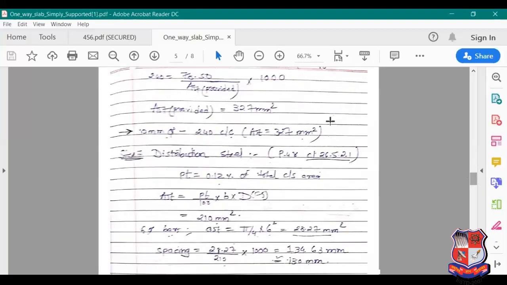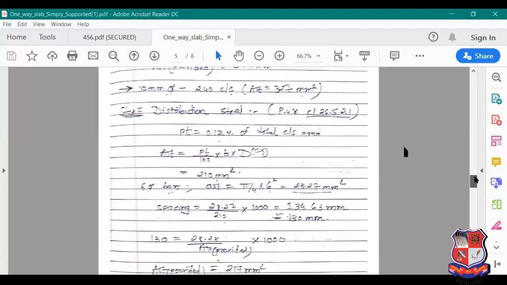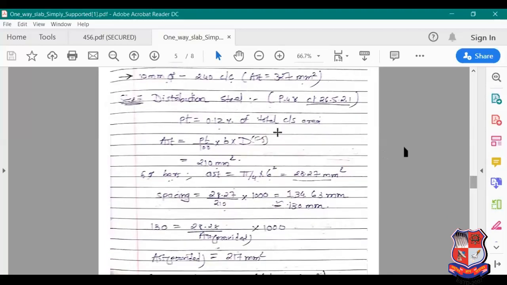So area provided is 327. Basically I'm using 10 mm diameter bars at 240 center distance, and my total AST is 327 mm square.